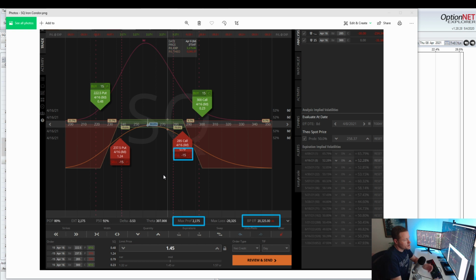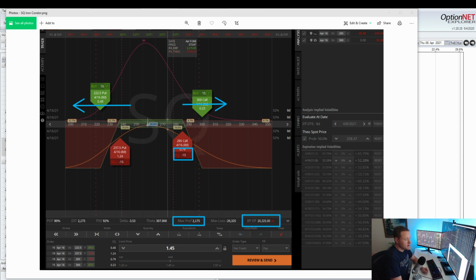But with this trade, modeling some risk to see what it would do, yeah, that can look scary, right? But you have to remember that that max loss is at expiration. So essentially, for us to realize this entire $20,000 loss, the underlying Square would have to trade above our entire call spread or below our entire put spread.